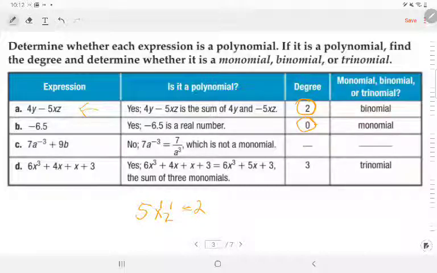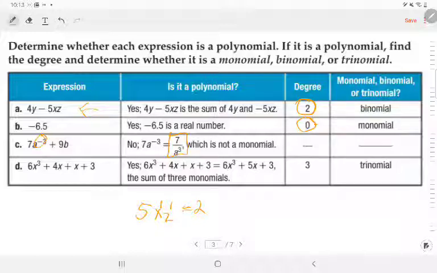This is not a polynomial. And the reason being is, remember, this negative exponent up here means that you would write it like this: 7 over a to the third power, which is not a monomial because there could be a 0 down there. And if there's a 0 in the denominator, it's undefined. So it's not a monomial, okay?